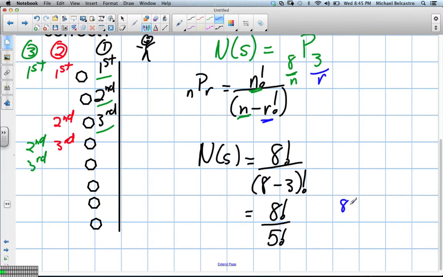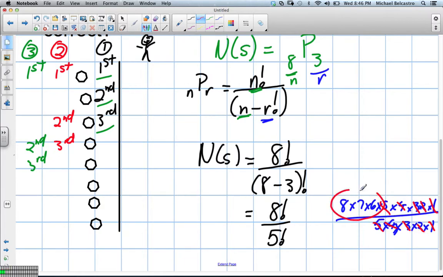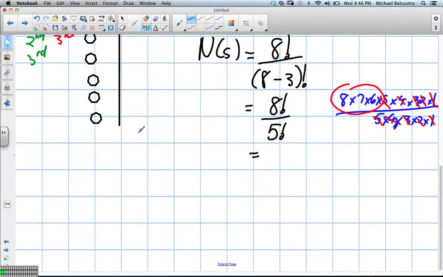We know that 8 factorial is 8 times 7, 6, 5, 4, 3, 2, 1. And we know 5 factorial is 5 times 4 times 3 times 2 times 1. Since this is a division question, and it's all multiplication on top, we know that these are all going to cancel each other out. So really what this leaves us with is 8 times 7 times 6, which is the possible number of outcomes.